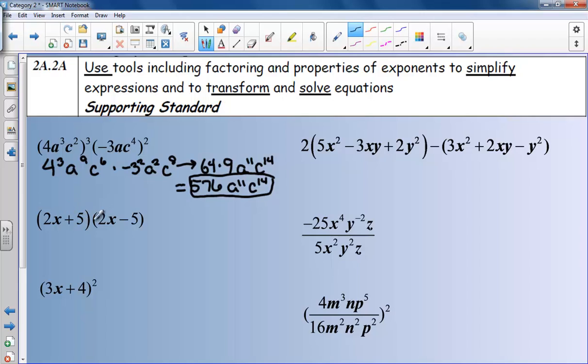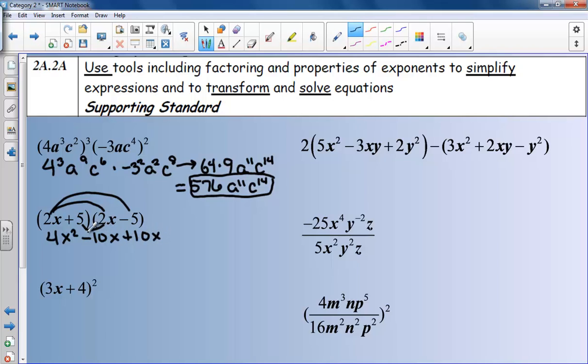Okay, down here I have two binomials multiplied, so this is FOIL, first times first, which is going to give me 4x squared. Outer times outer, which is going to give me negative 10x. Inner times inner, which will give me a positive 10x.